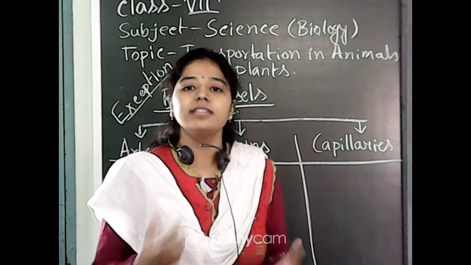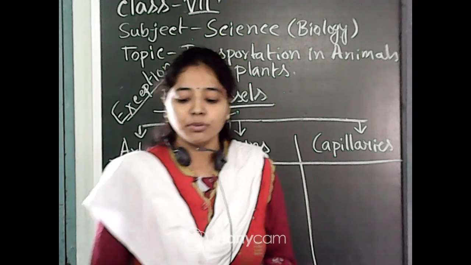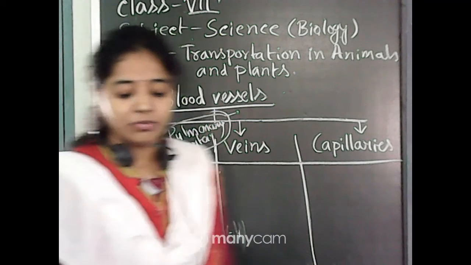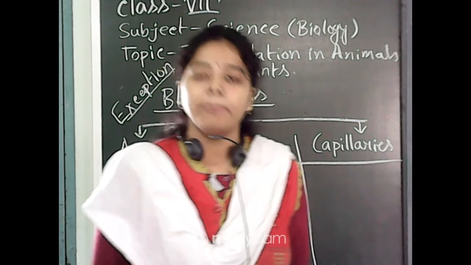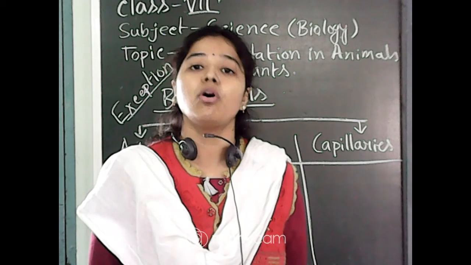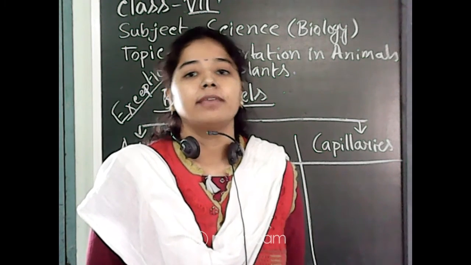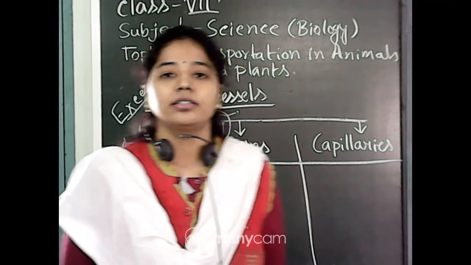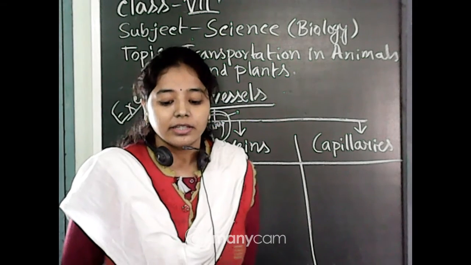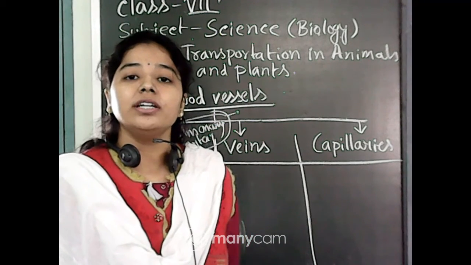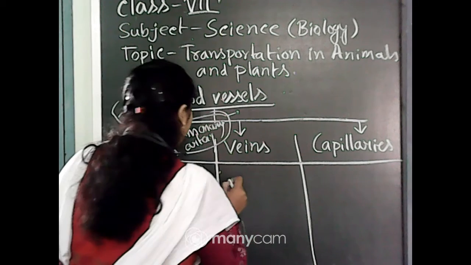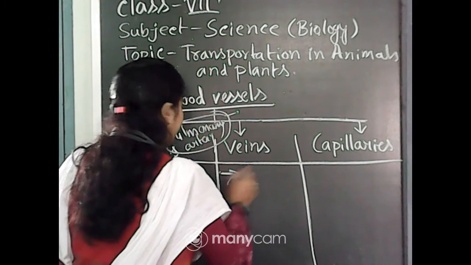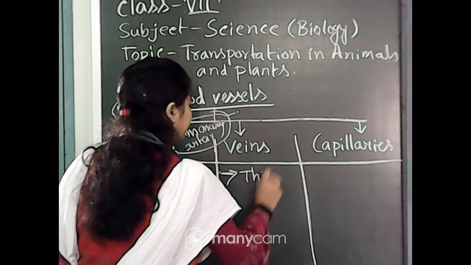And they carry blood from all parts of the body back to the heart. Next, what is their main function? They carry deoxygenated blood. And one thing I forgot to tell you, they are thin-walled.